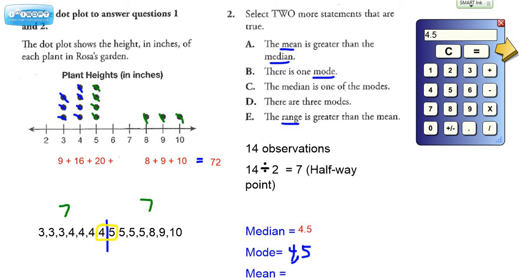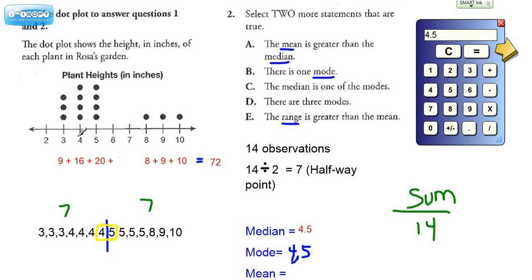All right, now for the mean. That's the hard part. For the mean, we have to find the sum of all the values and divide by how many there are. So that means we're going to be finding the sum and dividing by 14 observations. To find the sum, we have to count how many observations we had with that quantity. We have 3 dots, worth 3 each, so that's 9.